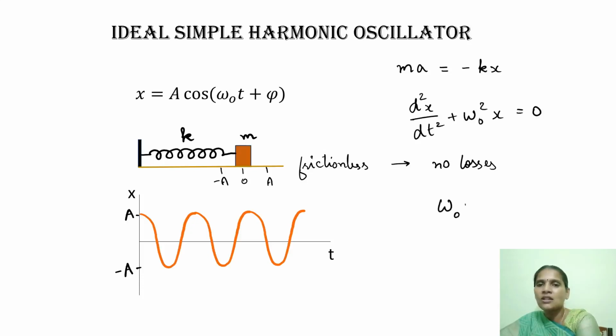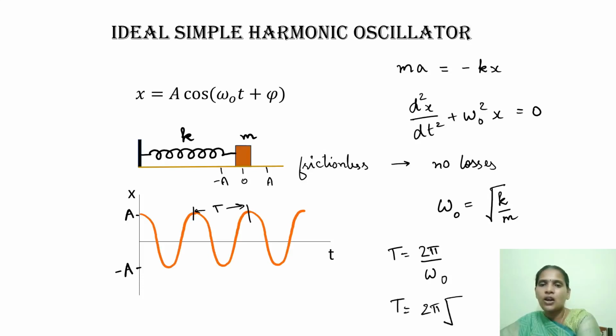Here omega naught is the natural frequency of the oscillator given by root of k by m. So the time period of oscillation, that is time taken for one complete oscillation, is time period T. It is given as T equal to 2 pi by omega naught. That is, T is 2 pi root of m by k.